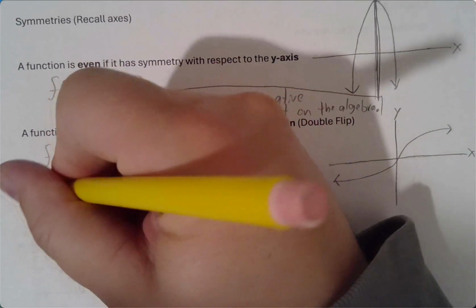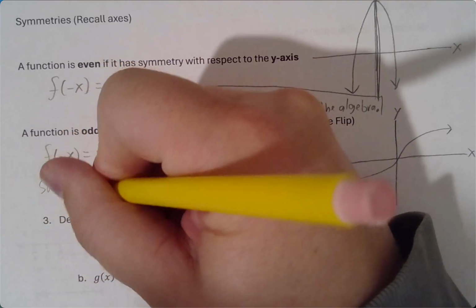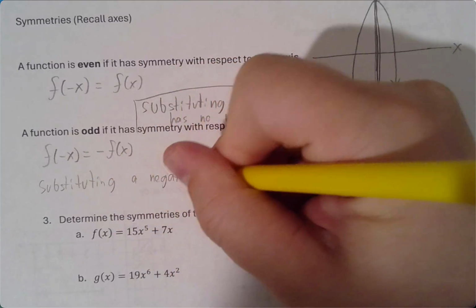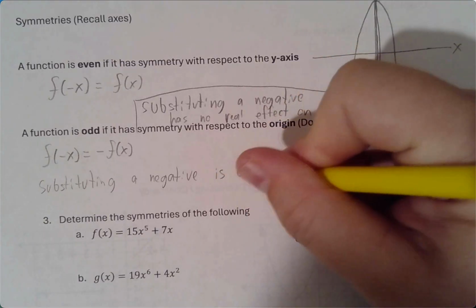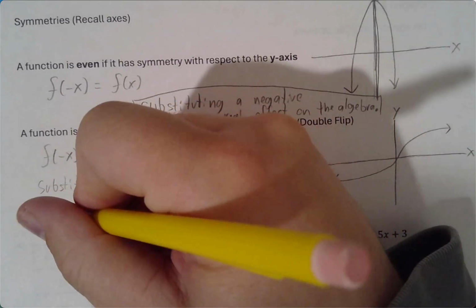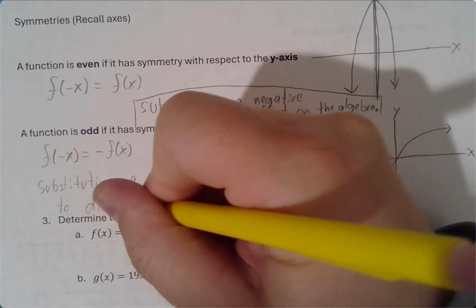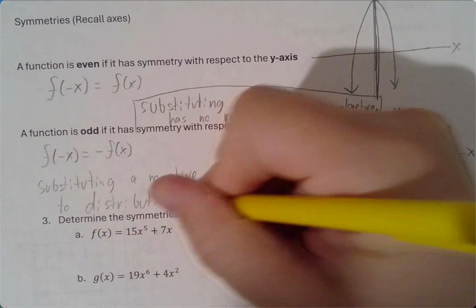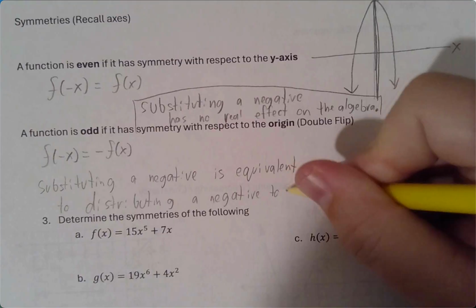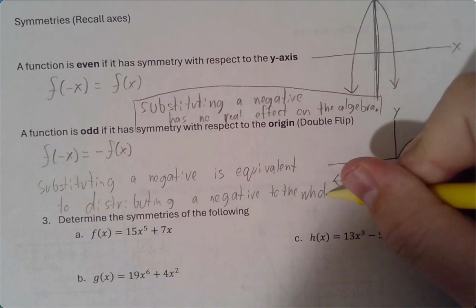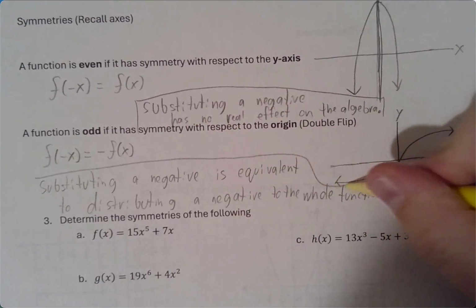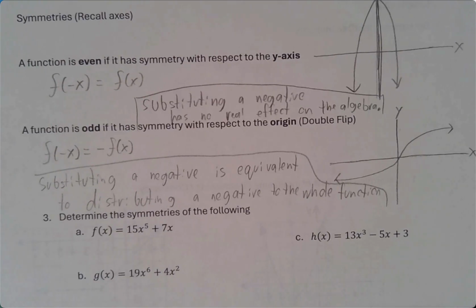But the idea here is, if I could write it this way, substituting a negative is equivalent to distributing a negative to the whole function. All right, and that is what it means to be an odd function.